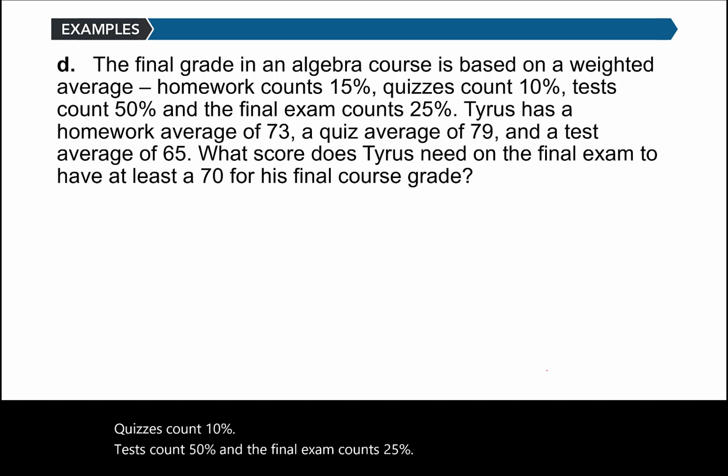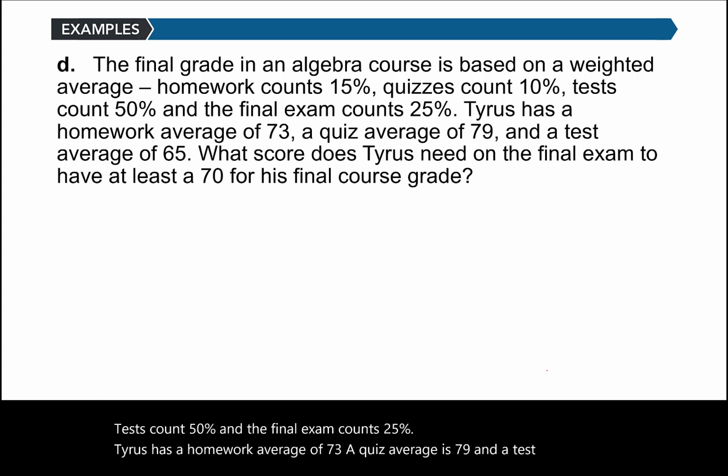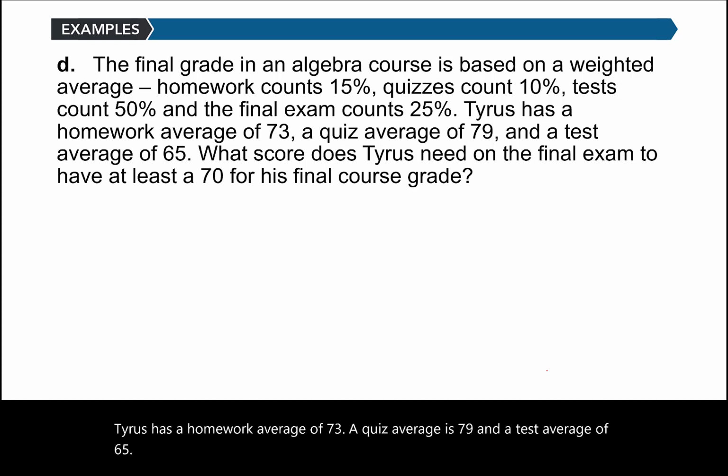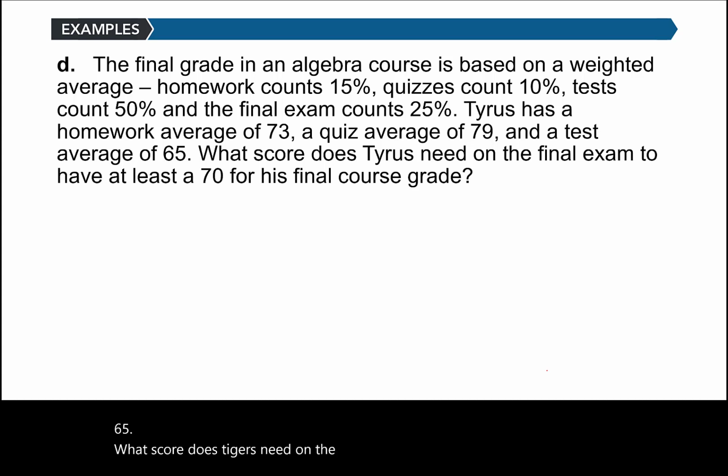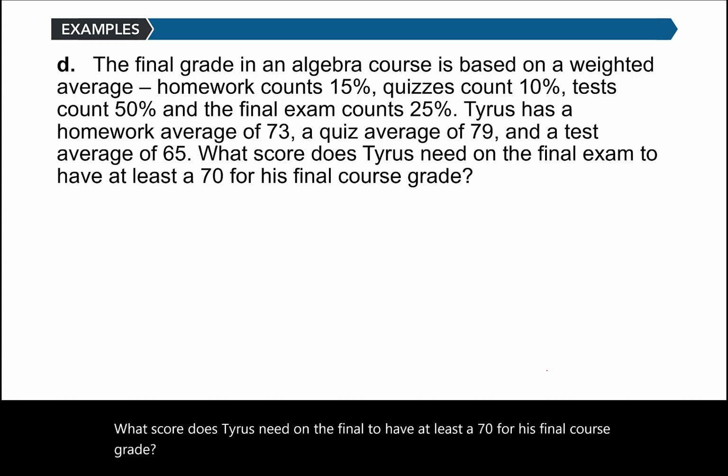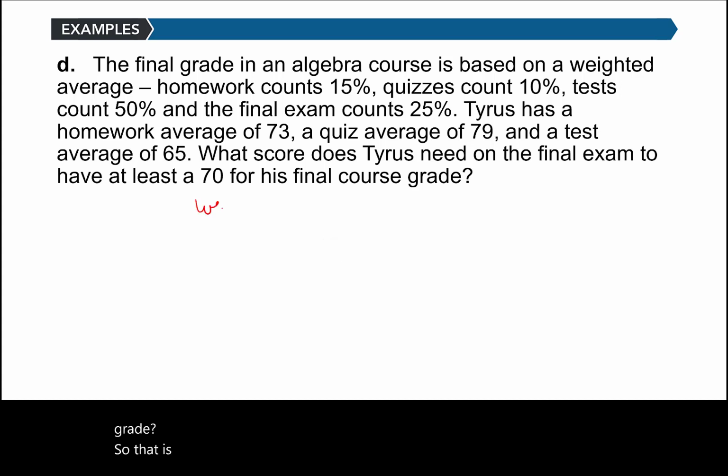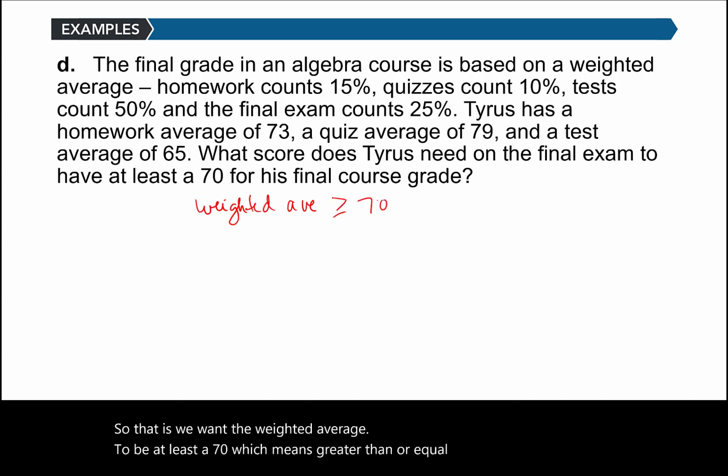Tyrus has a homework average of 73, a quiz average of 79, and a test average of 65. What score does Tyrus need on the final to have at least a 70 for his final course grade? So we want the weighted average to be at least a 70, which means greater than or equal to 70.